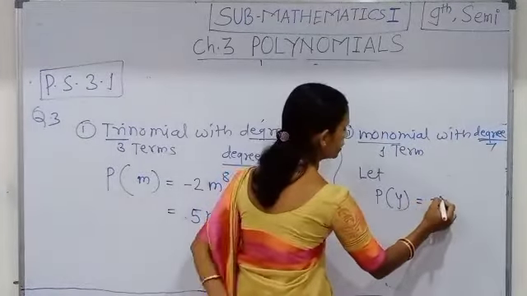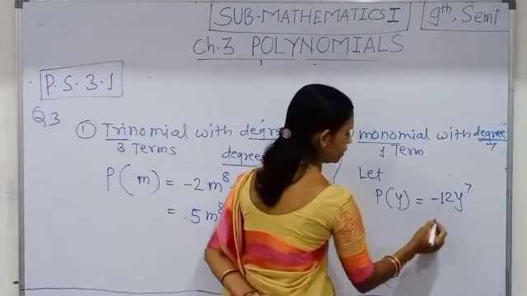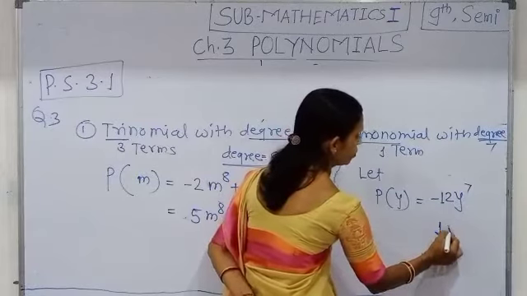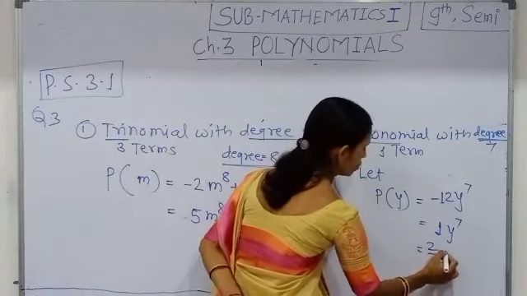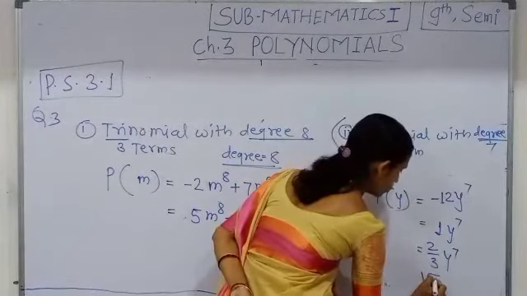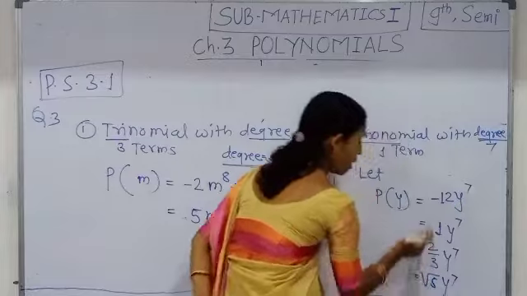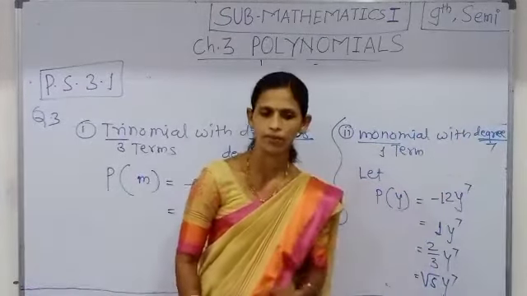Therefore, here we can write minus 12y raised to 7, 1y raised to 7, 2 upon 3 y raised to 7, root 5y raised to 7 as a few examples of a monomial with degree 7.